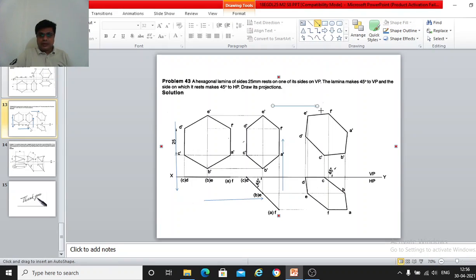Then from this third front view you will get the fourth, that is third top view. So the cycle is reverse here, the directions are reverse: front view, top view, top view, front view, front view, top view. Whereas if it is inclined to HP, top view first, front view, then front view, top view and front view, reverse. Okay, so this you keep it in mind.